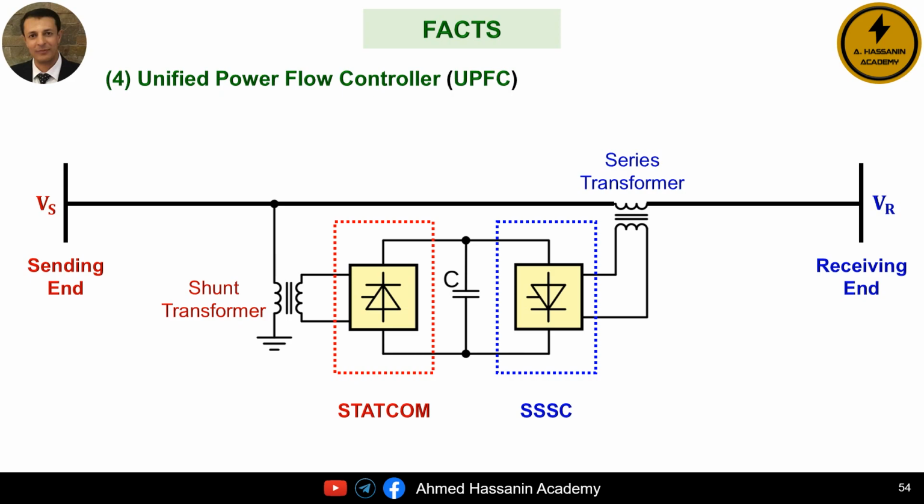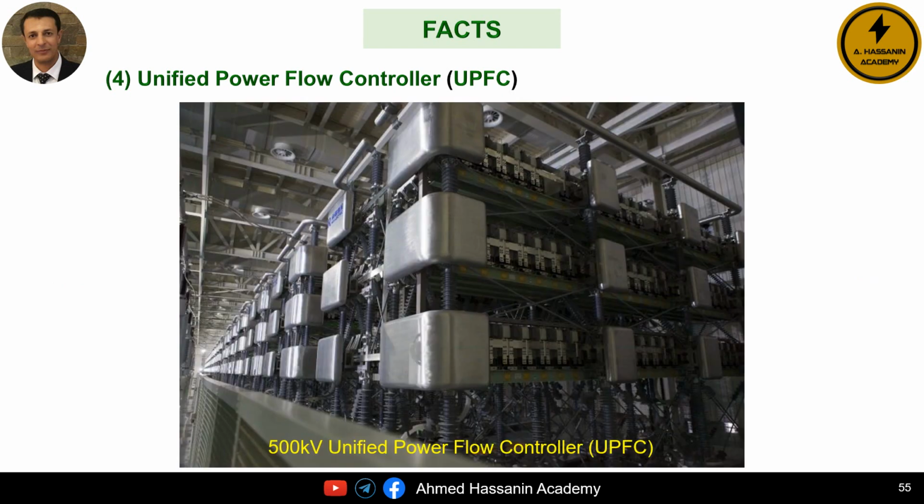It also controls the value of reactive power, the voltage levels of the transmission lines, and the phase angles of the voltages at the sending and receiving ends of the transmission lines. In addition, it controls the value of the reactance, X, or the impedance, Z, of the transmission network lines. In front of us is an image, example, or diagram of a UPFC with a voltage of 500 kilovolts.